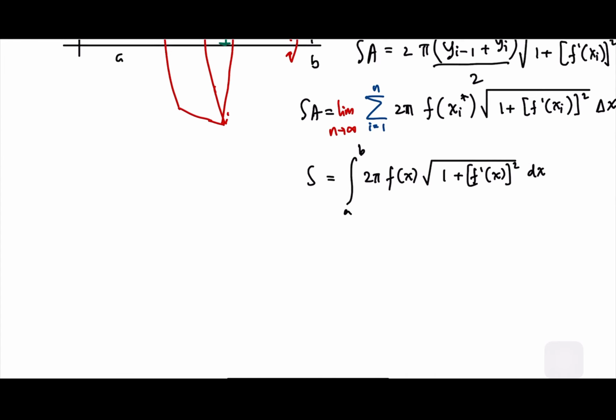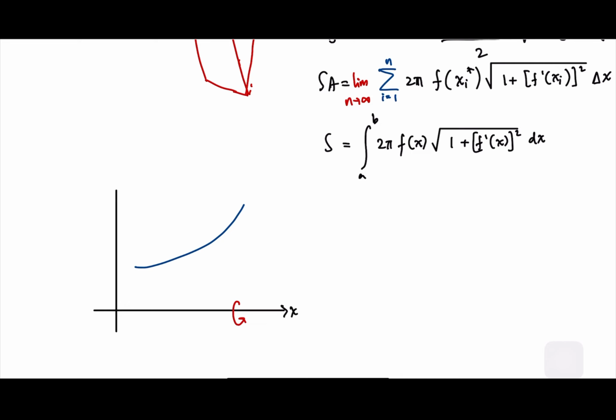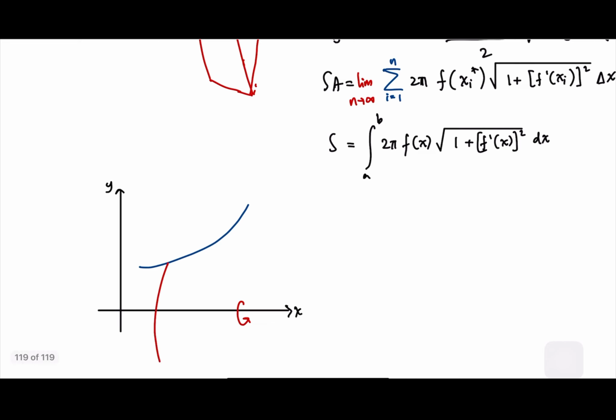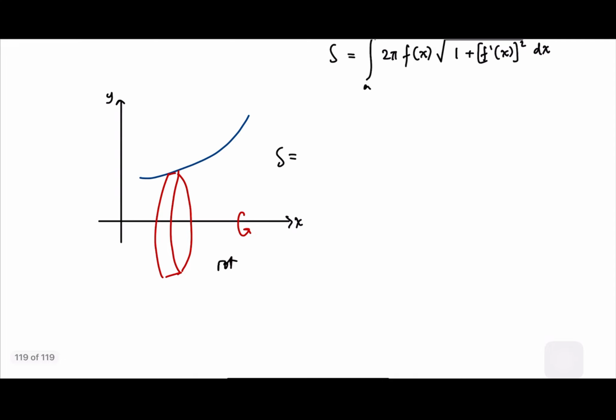All right, now as a summary, if we have this function here, and we will have rotations about the x-axis, then if you want to find the surface area of revolutions, usually we are going to use that word, revolutions. So rotation is about the x-axis.